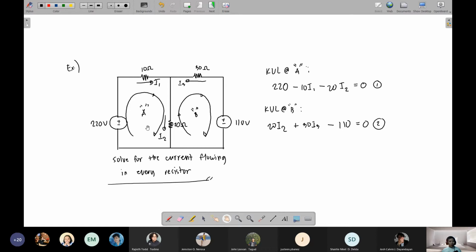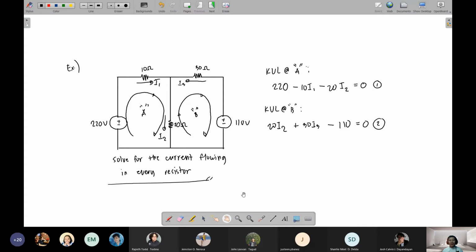Okay, the answer is, in this circuit, there are 4 nodes. Yay, 4 is correct.